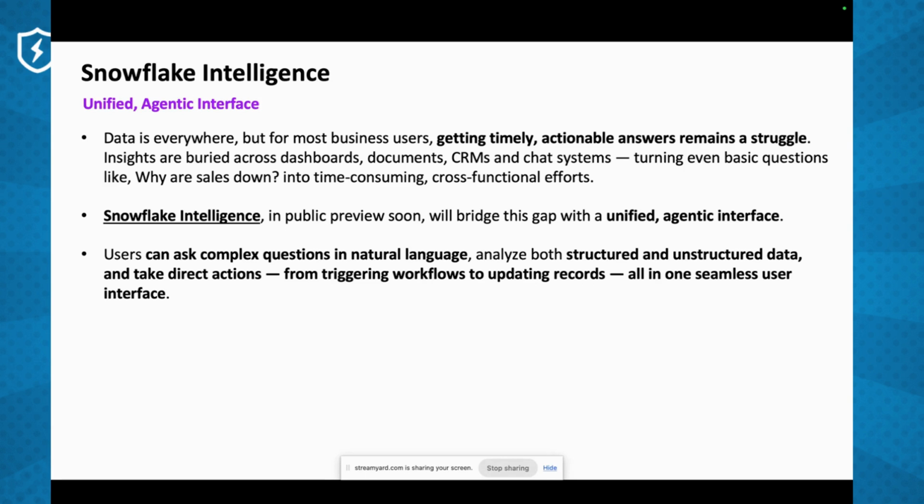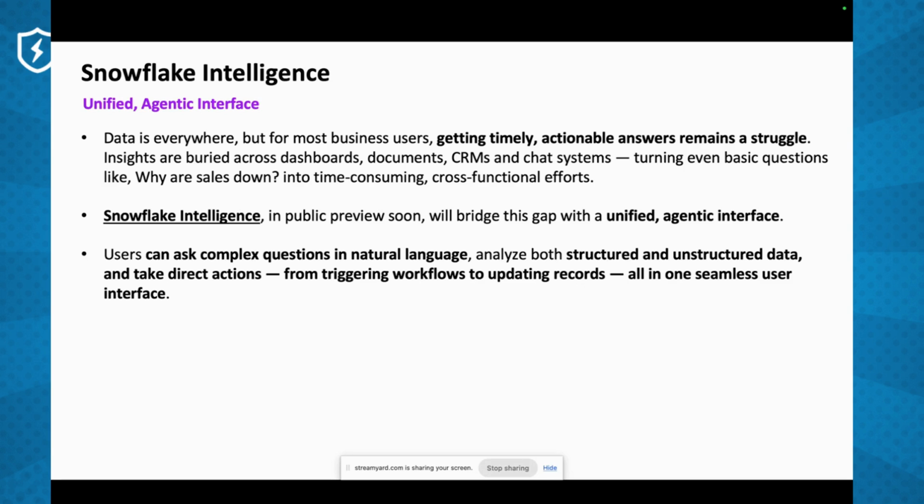It's all about making things easy for business, because business users really want data very, very fast. They want actionable answers, but the data is across dashboards, documents, and chat systems. Snowflake Intelligence, which will be in public preview very soon, will bridge this gap, and that's why we call it a unified agentic interface.